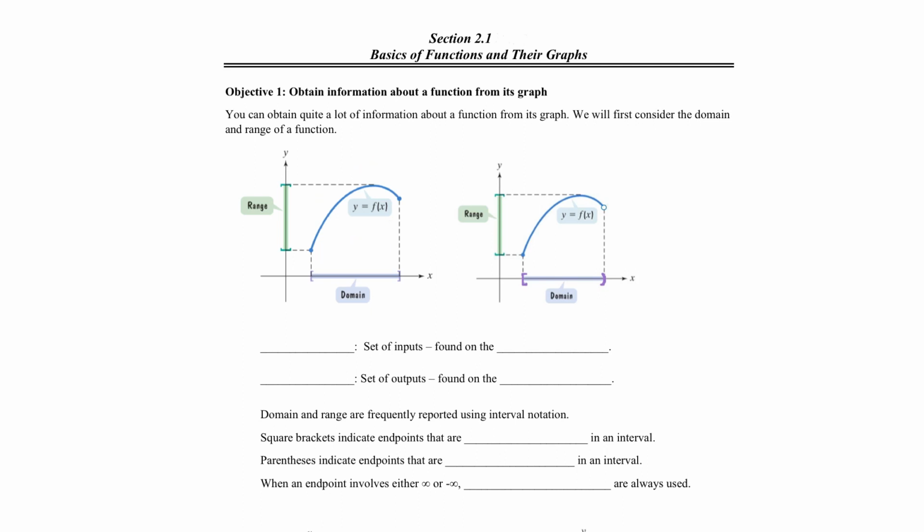When we're thinking about the domain, remember that the domain is a set of inputs, the x values. So it's going to be found on the x-axis. And the range, of course, is the set of outputs or y values, and it's going to be found on the y-axis.